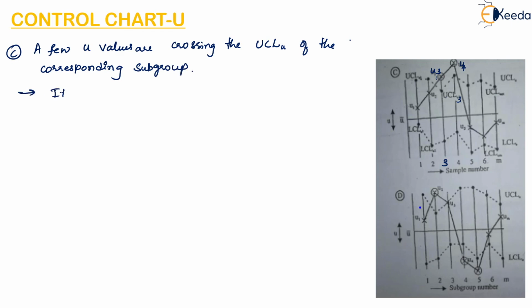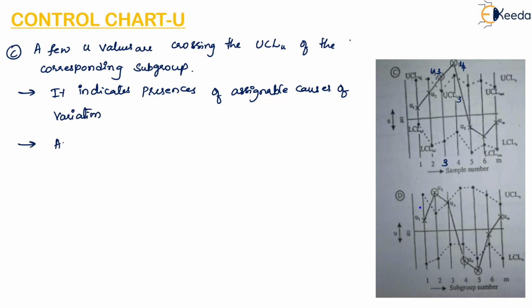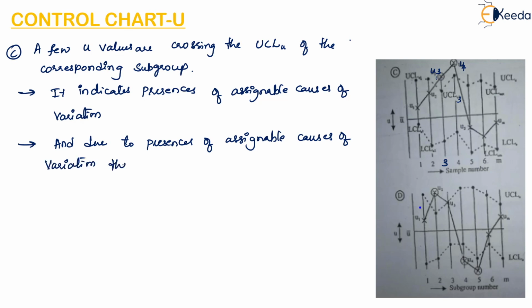So this indicates presence of assignable causes of variation, and due to the presence of assignable causes of variation, the process is out of control.